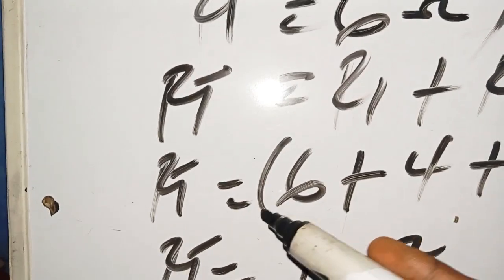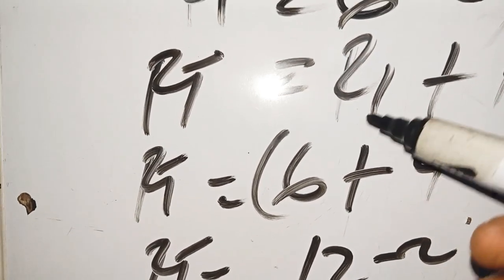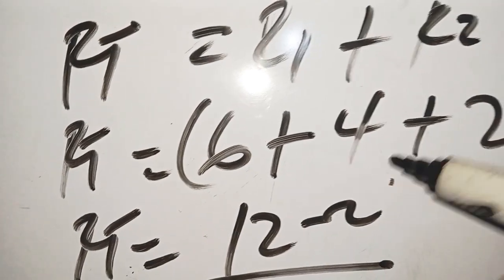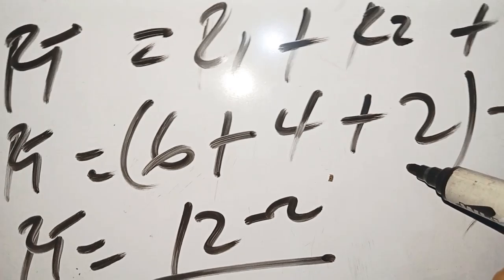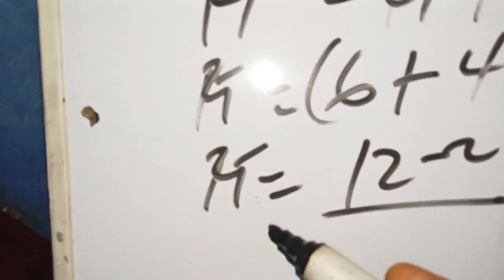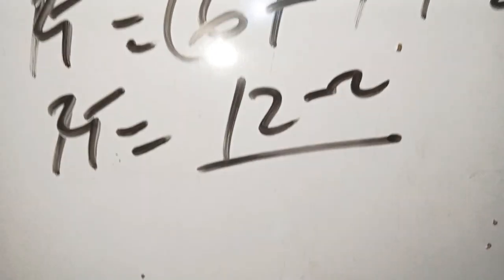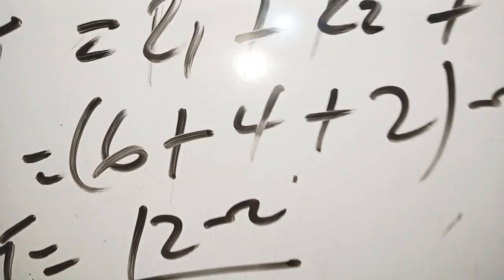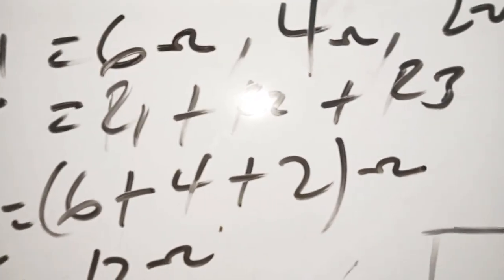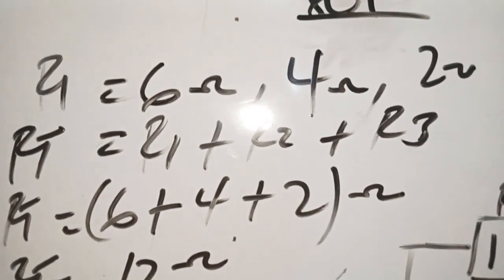RT is equal to 6 plus 4 plus 2. We sum all of them up and get 12 ohms as our total resistor. Now we can find the total voltage in the circuit.